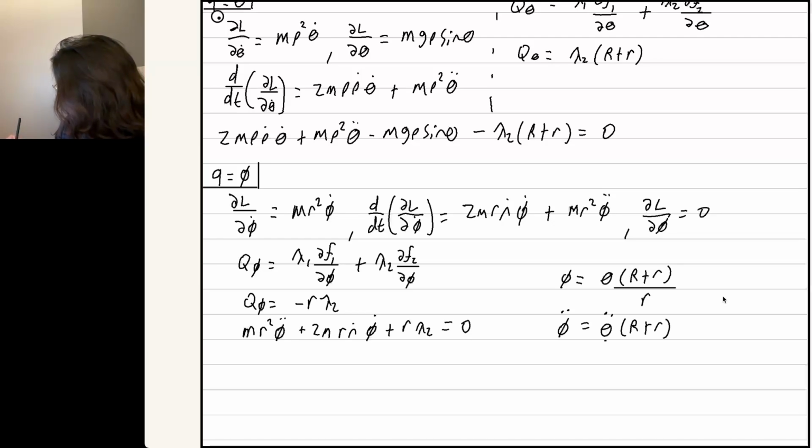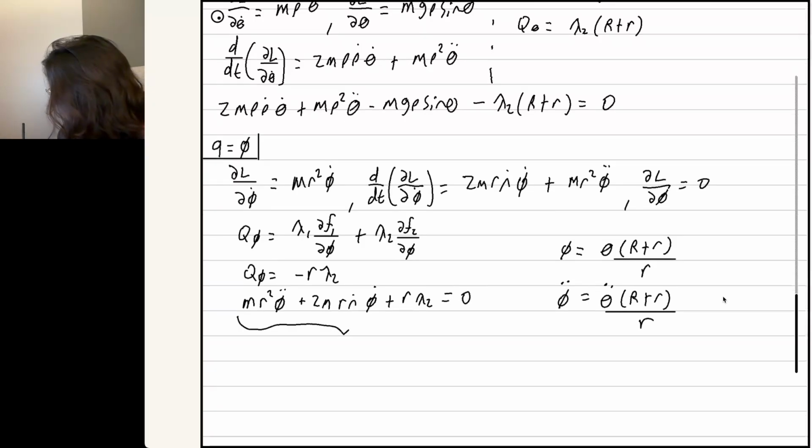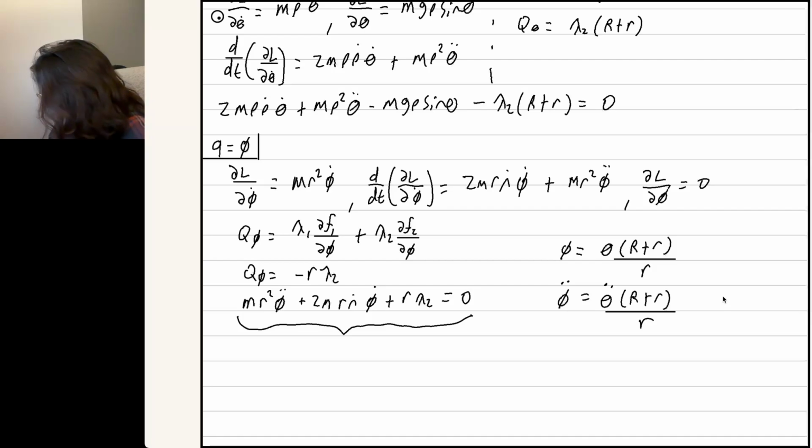And we can use that to rewrite this equation in terms of theta. The second term will actually go away because r dot is 0.